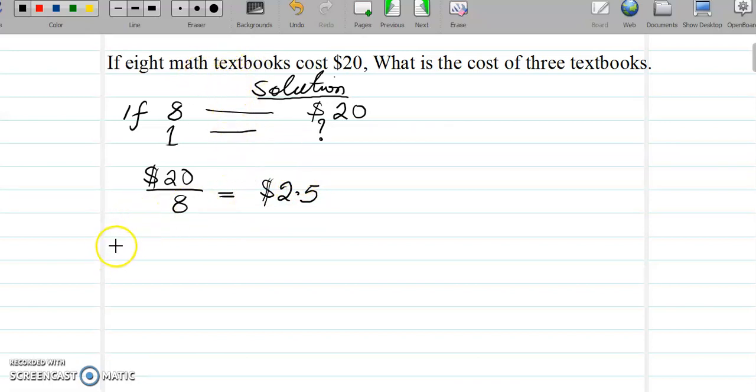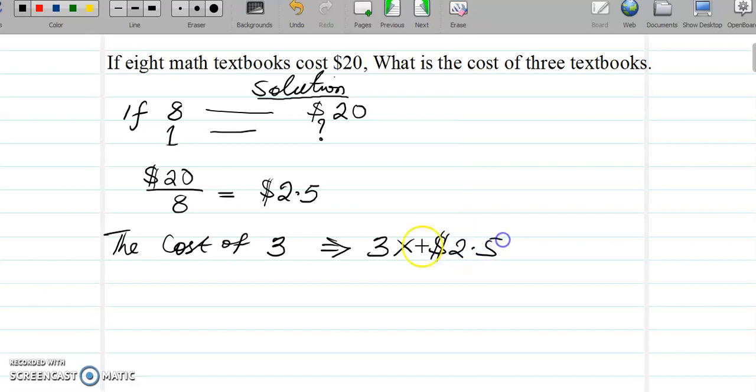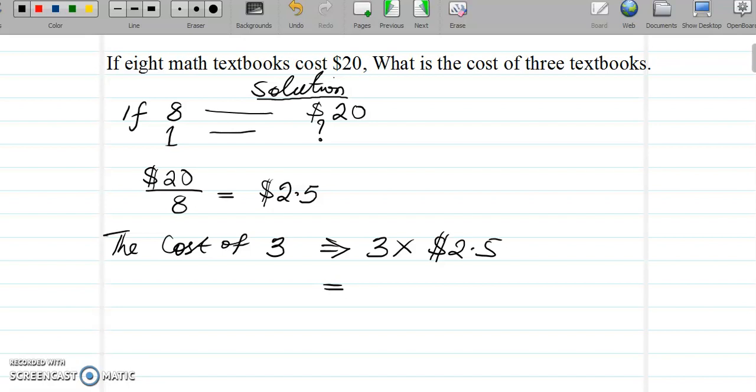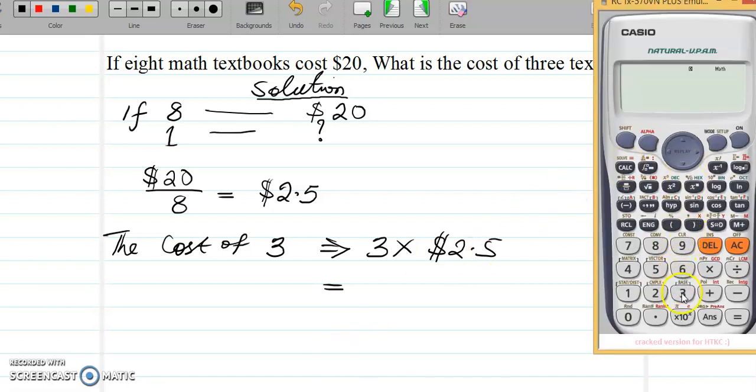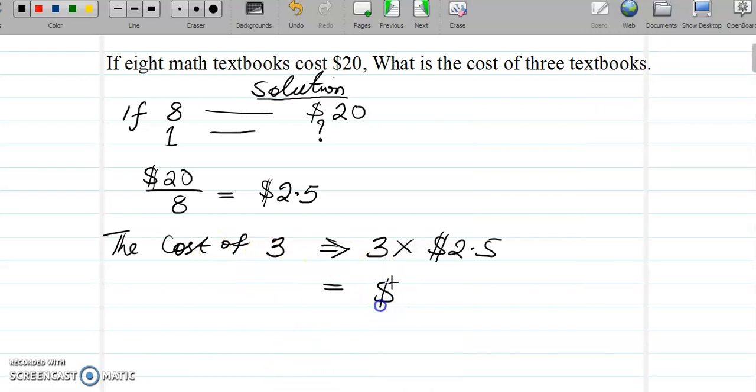So the cost of 3 textbooks will be 3 times $2.5. 3 times 2.5 is 7.5. So the cost of 3 textbooks will be $7.5. This method of finding one single unit is what we call the unitary method.